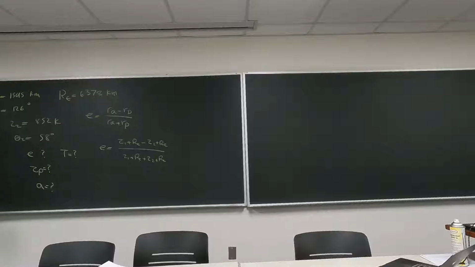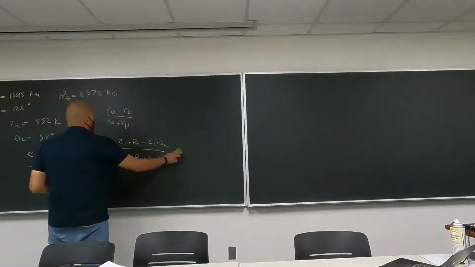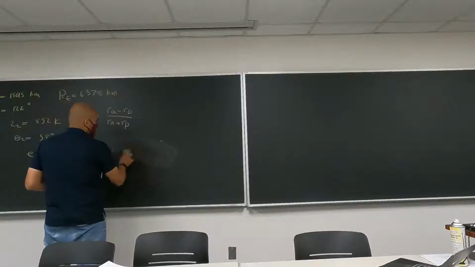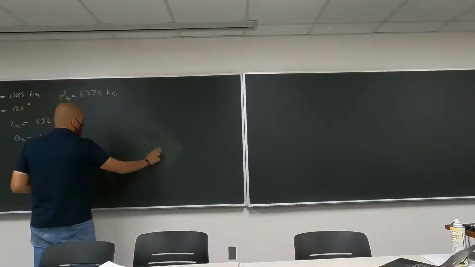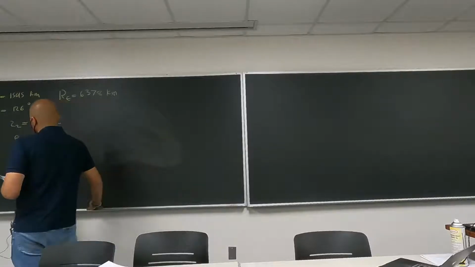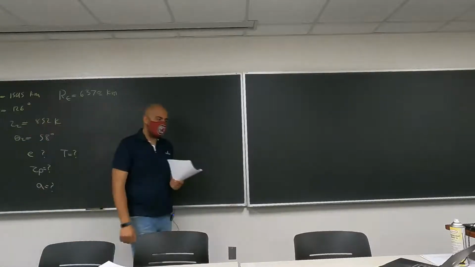We don't know eccentricity, we don't know the angular momentum, we don't know any of those, right? So how can we approach this problem? How can we solve this problem?